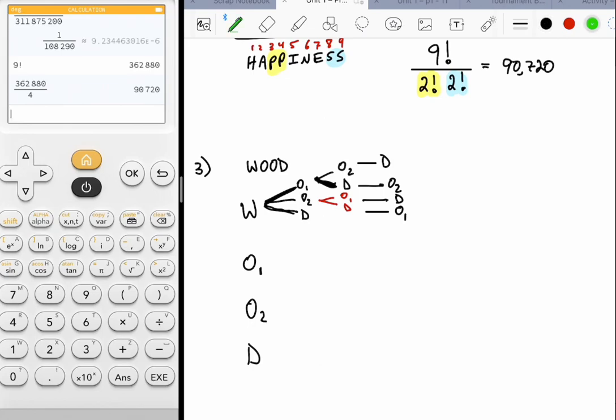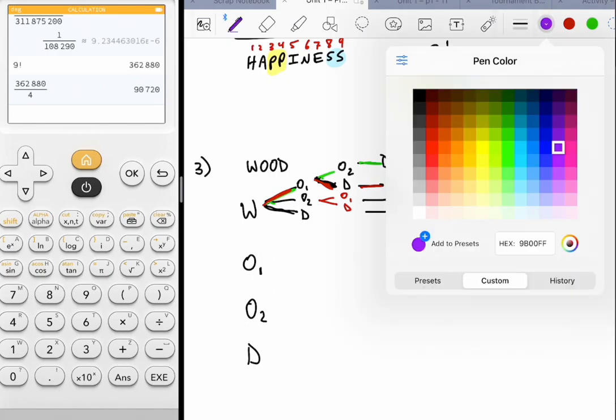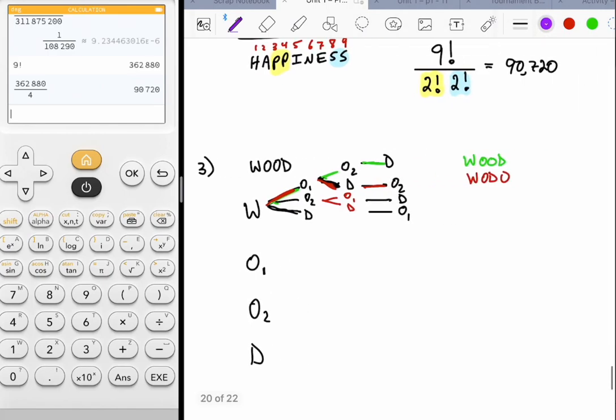But if you look at the unique words that you get out of this, the first word, if I follow this pathway here, I could strip away the subscripts: wood. The second one, here, followed by here, then here: wodo. If I follow this pathway, I end up with wood.